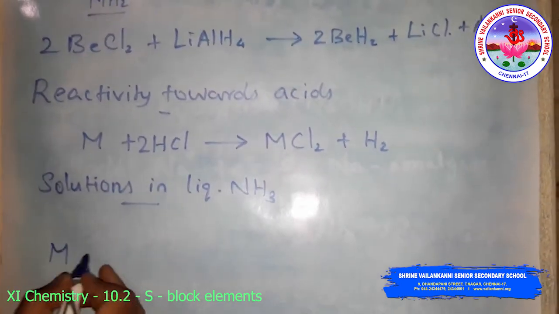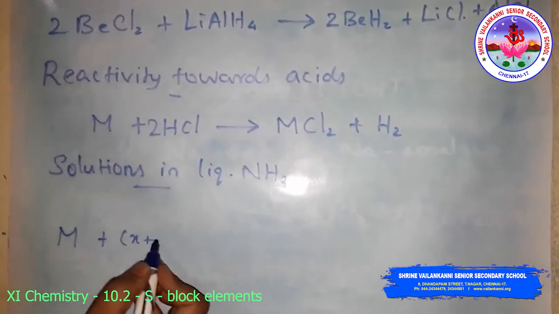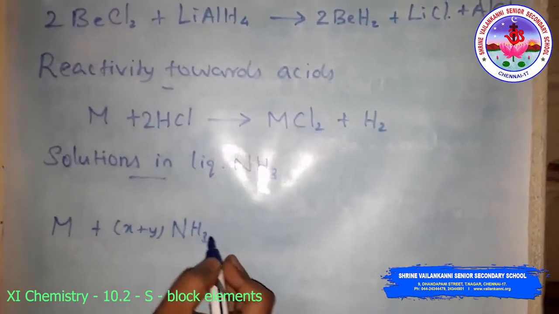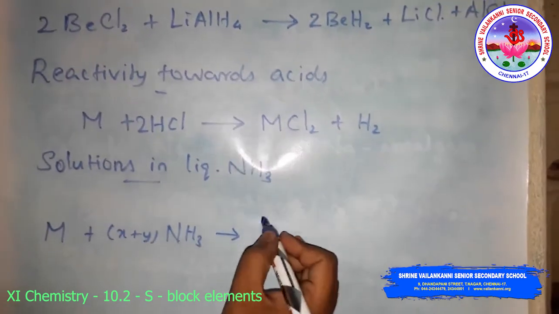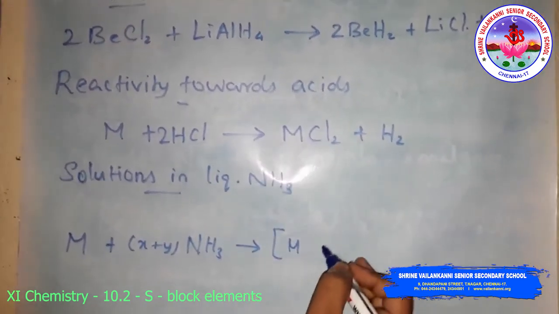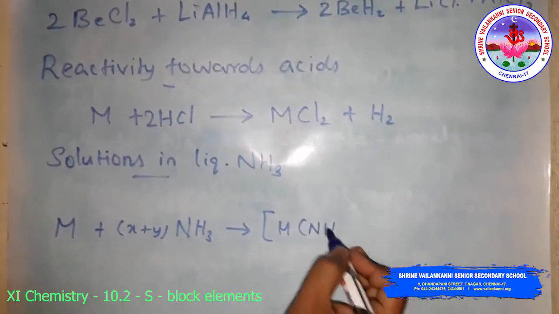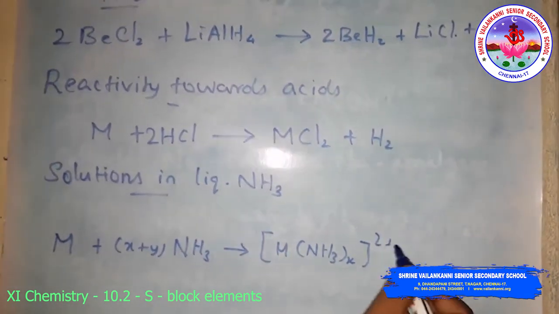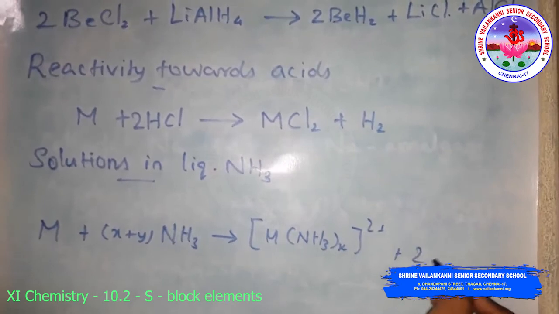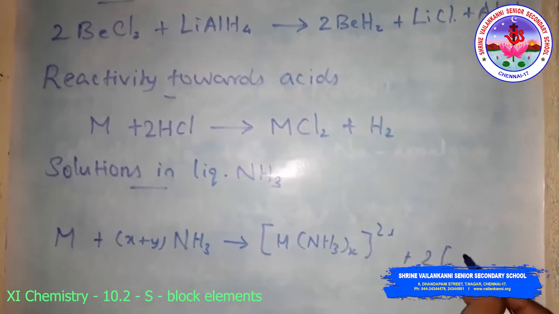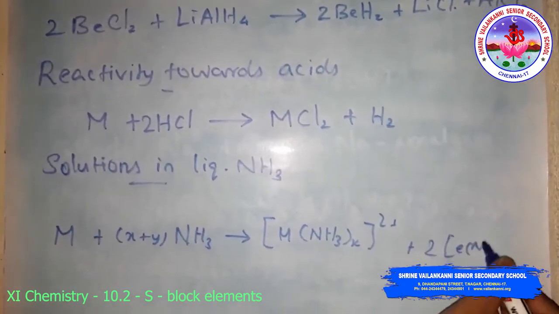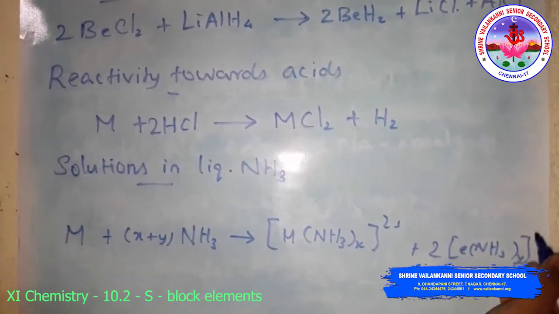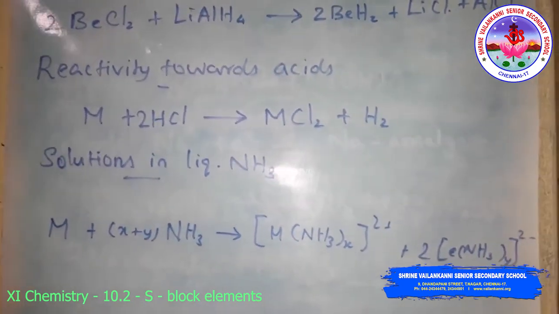The metal reacts with x plus y moles of ammonia to give the metal complex [M(NH3)x]2+ and 2[e(NH3)y]-.